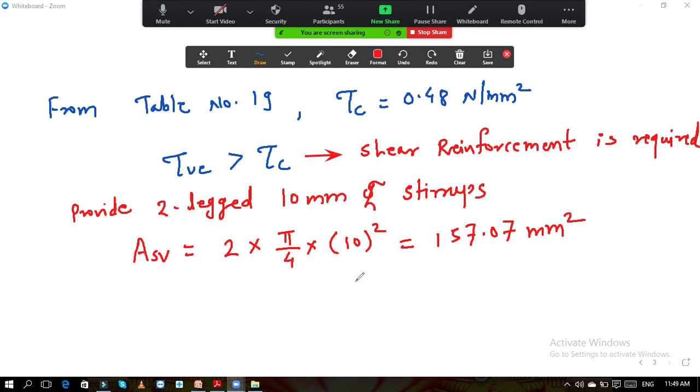Okay. So to calculate the spacing of the stirrups, we know that ASV is equal to, what is the formula for ASV?